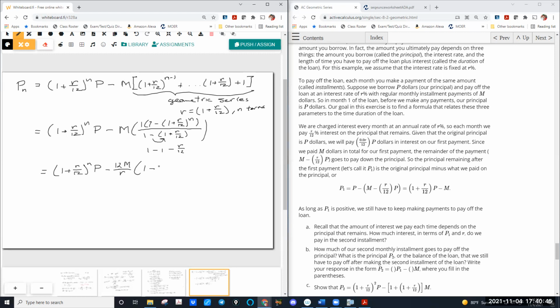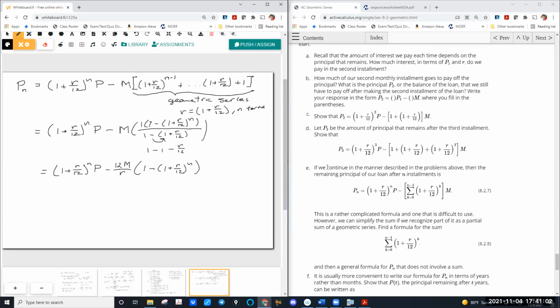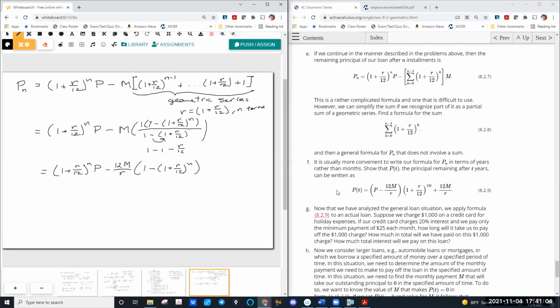So 1 minus 1 plus r over 12 to the n. Like I said, not the prettiest formula, but very powerful because this will give us the principal after n months. Okay? It's essentially the same formula.